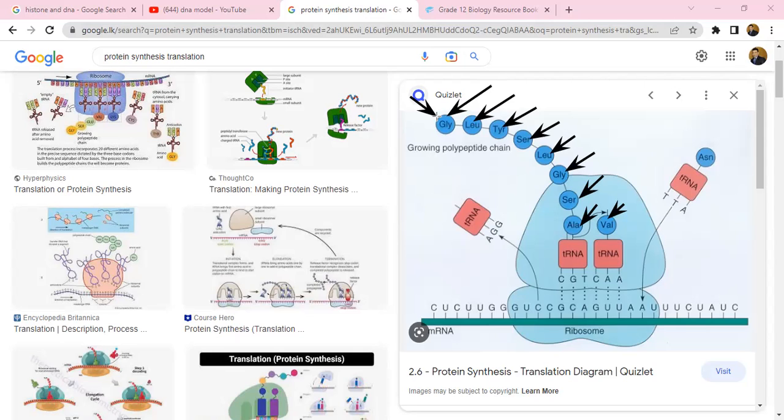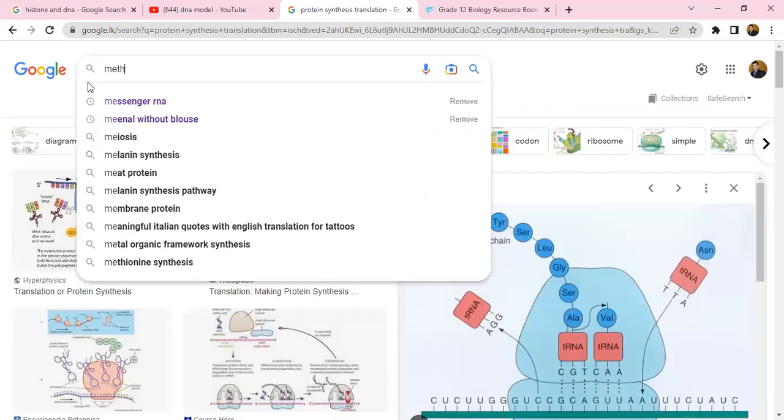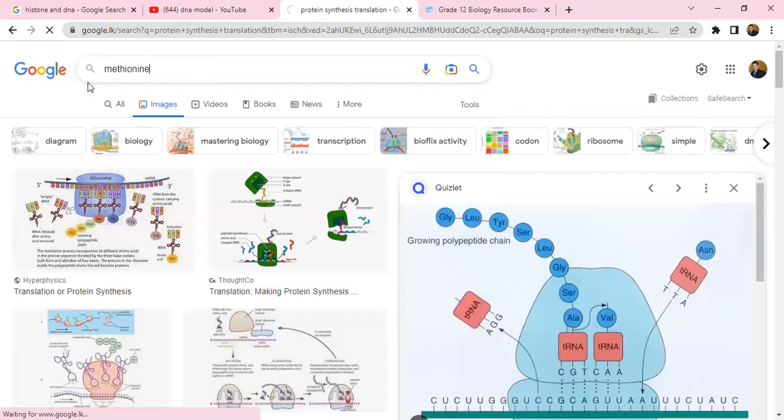Accordingly, in this diagram, what is the initiator amino acid? Glycine, they have written GLY. GLY stands for glycine. But remember, protein synthesis will never start with glycine. Protein synthesis will start with the amino acid called methionine.